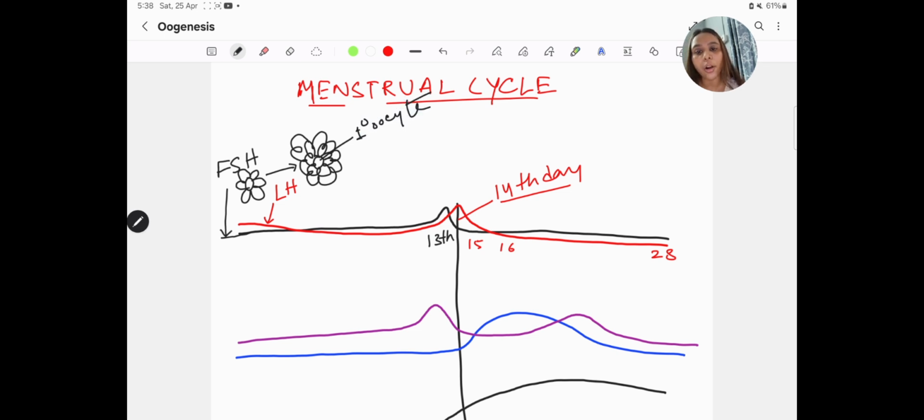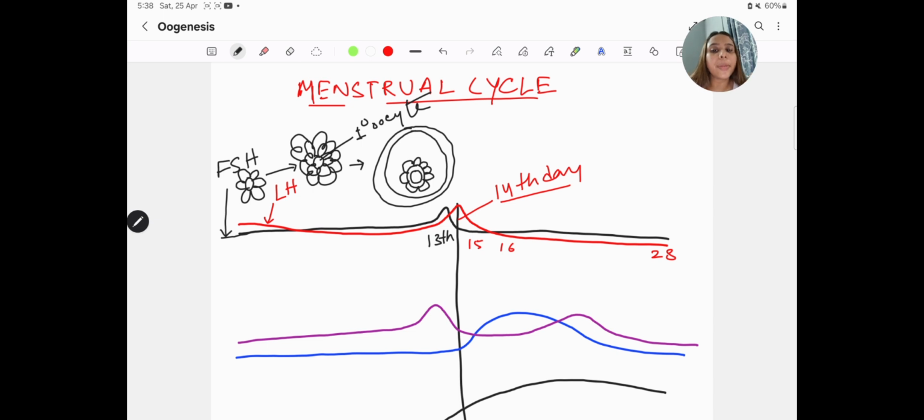And next there occur the primordial, primary, and the secondary follicles, and so on, and lastly they develop the tertiary follicle, which has the theca externa, theca interna, the second degree oocyte, the zona pellucida layer, and the granulosa cell layer, right?